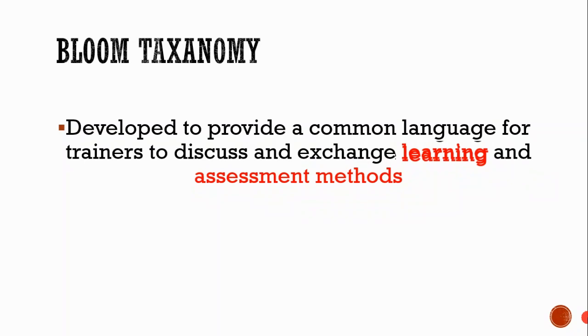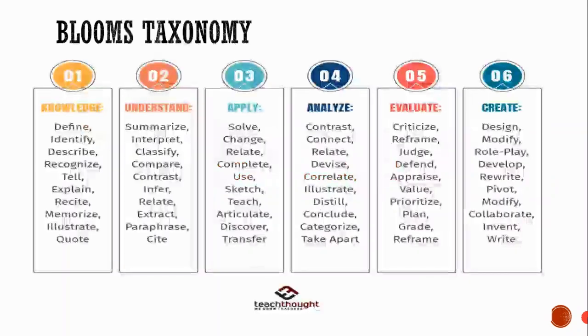These are developed to provide a common language for trainers or teachers to discuss and exchange learning and assessment methods. So basically, it's just language that we need to use to assess certain cognitive areas of the learning during assessment. That's what we talk about as taxonomy or Bloom's taxonomy.